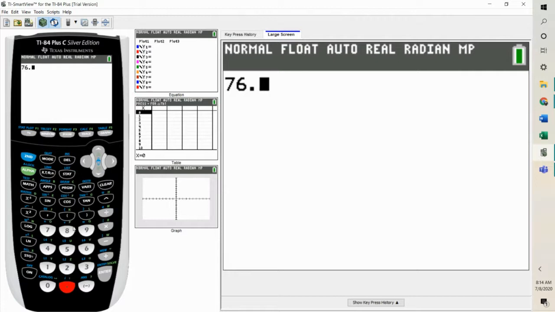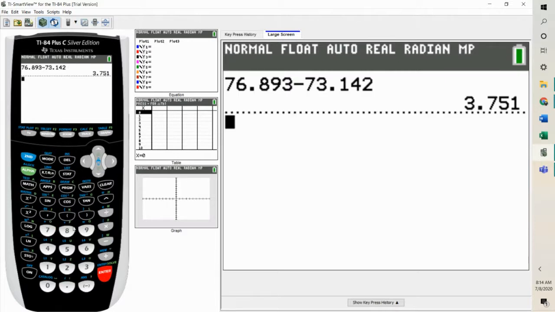Doing it on my calculator real quick, so I have them. 76.893 minus 73.142. You get 3.751.